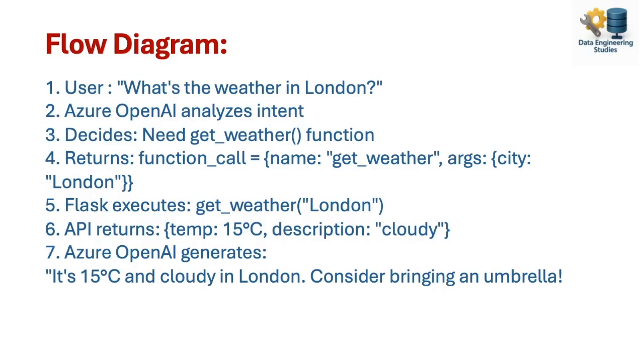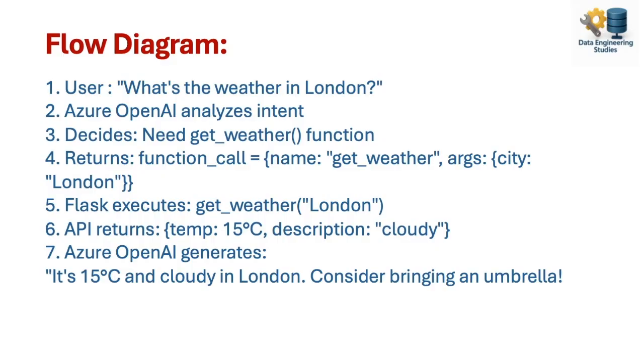Our Flask application sends this question to Azure OpenAI. The AI model analyzes the user's intent. It understands that the user is asking about weather, and more importantly, it needs current data to answer accurately. Azure OpenAI decides it needs to call the getWeather function. AI doesn't have the weather data, but it knows this function can retrieve it.